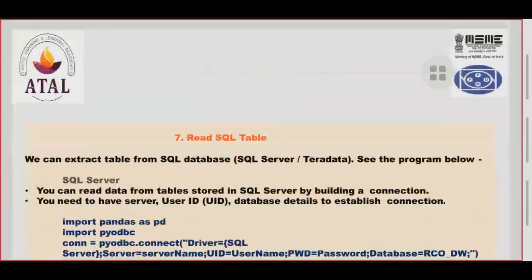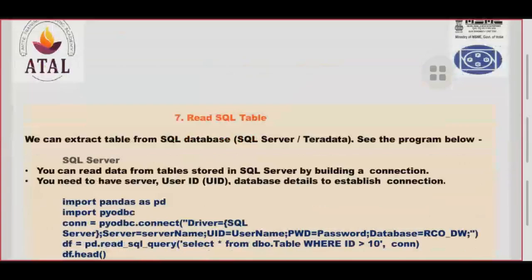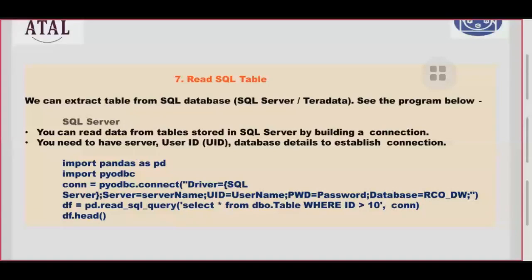See here, same thing. If you want to use a SQL table, for that you have to connect. If you are using Java, you use JDBC, Java Database Connectivity. If you are using Python, you have to use pyodbc, Python Open Database Connectivity.